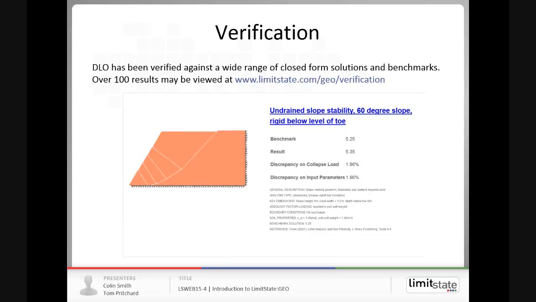So this is an example of an undrained slope stability, 60-degree slope, rigid below the level of the toe. Benchmark from the literature, that would be a Taylor's analysis or similar, 5.25. The software, I think using a coarse mesh, so not that many nodes, gives 5.35, so basically an error of 2%. And if you go to the website, this web address, you can find a whole range of verifications across a whole range of different problem types.